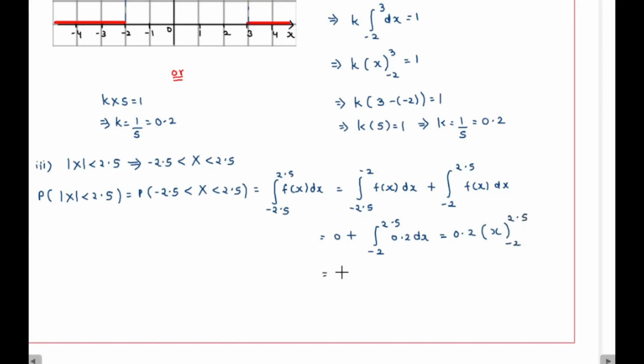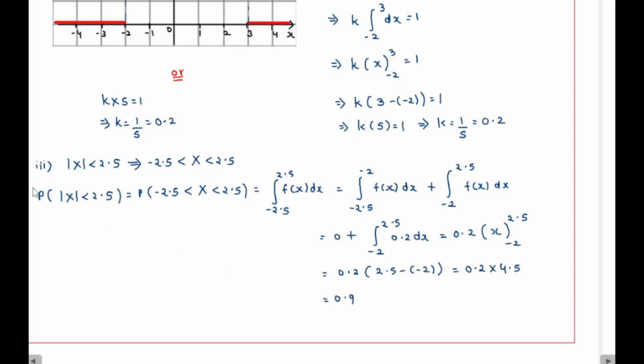So this becomes 0.2 into 2.5 minus of minus 2, which is 4.5. So this is 0.2 into 4.5, which is equal to 0.9.